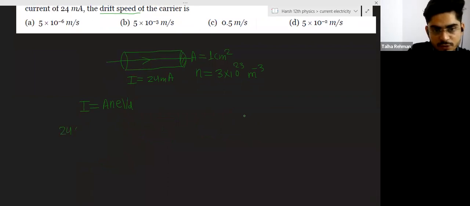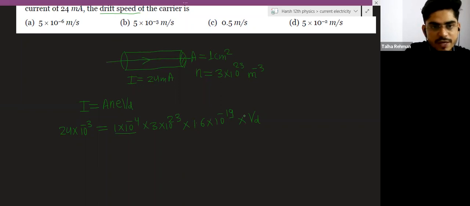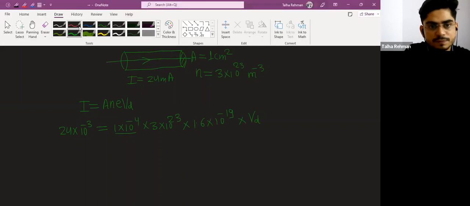You will convert it into 10 to the power minus 3. Area is given as 1 centimeter square. This will become 10 to the power minus 4. n is given as 3 into 10 to the power 23. Charge on electron is 1.6 into 10 to the power minus 19, and vd we have to find. First calculate all the powers.